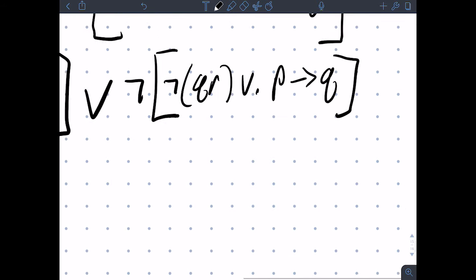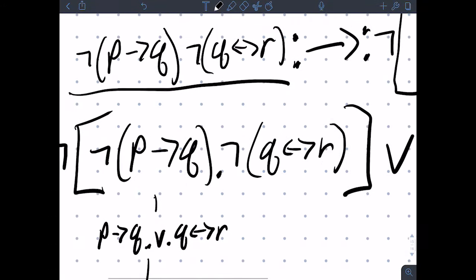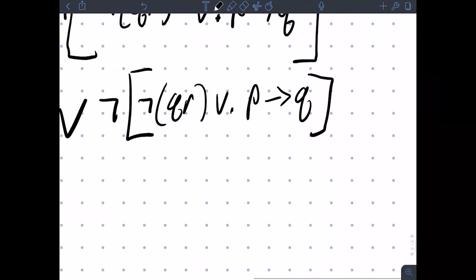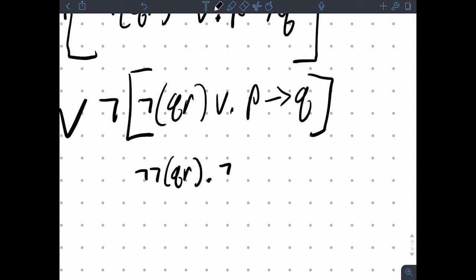Okay, so let's look at our right side. So this is a negated alternation, right? So we can apply one of De Morgan's laws to it. And if we do that, we get not Q and R, and not, because remember, there's already a negation sign here, so we got to double it.